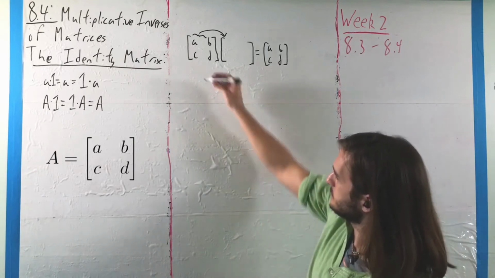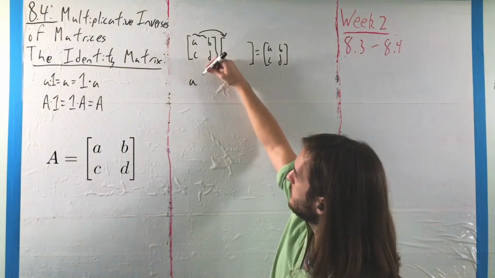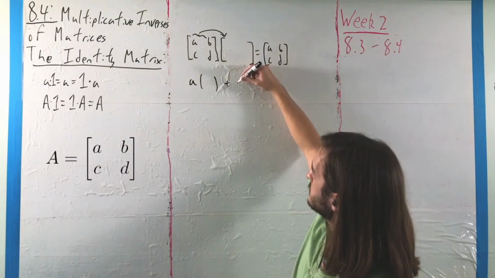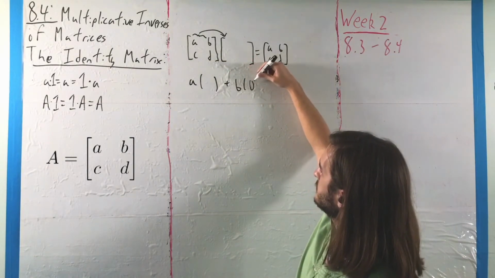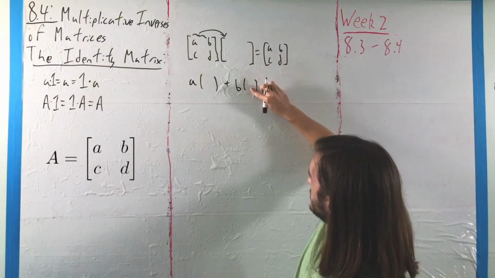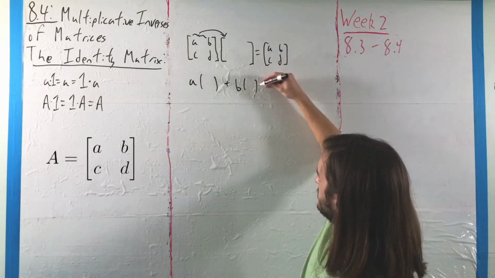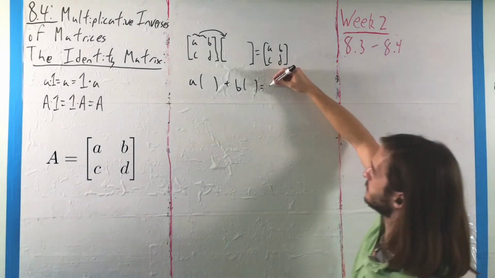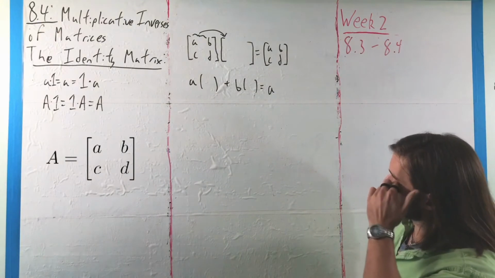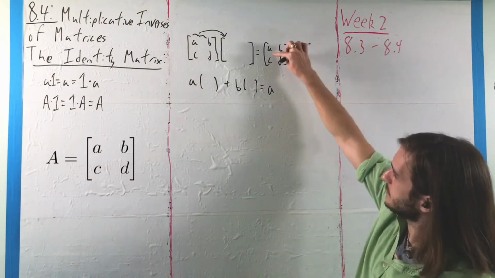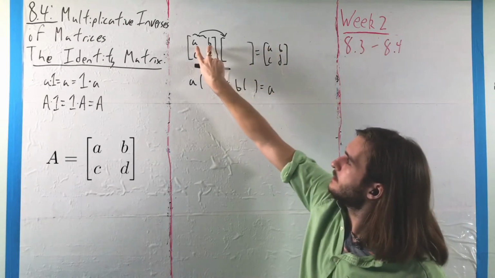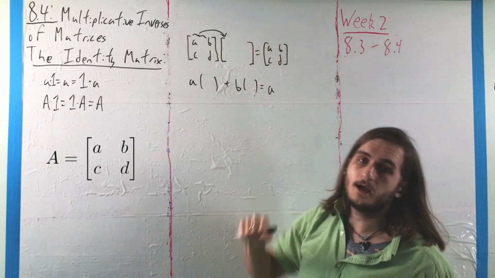And in that first column, we would need A times something plus B times something, to come out to just be A. Because remember, when we're looking at matrix multiplication, to get this guy right here, we need this combined with that.